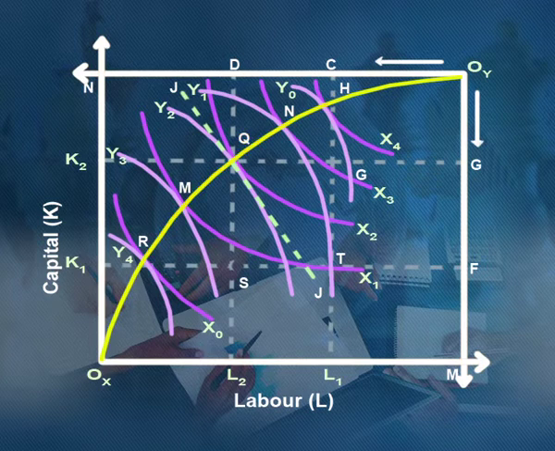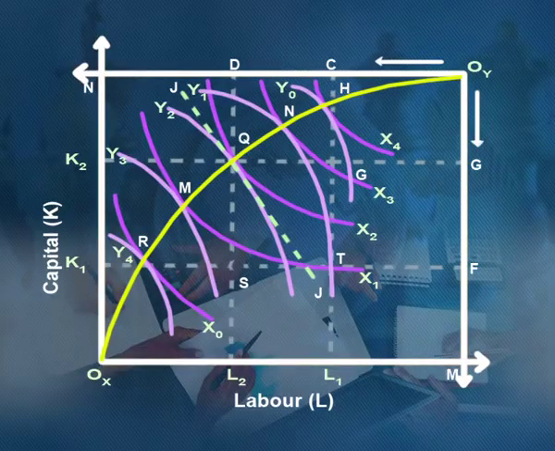Thus, the general equilibrium of production at point Q states that output X2 of good X and Y2 of good Y is determined. Besides, the general equilibrium of production also determines the ratio of factor prices, that is the exchange rate of labor for capital. Thus, at point Q, Ts amount of labor will be exchanged for Qs amount of capital.